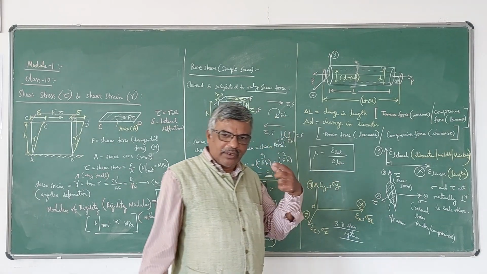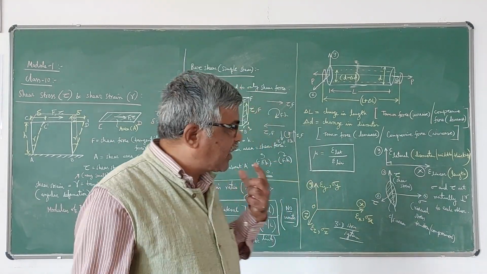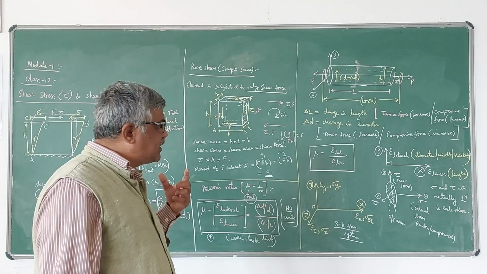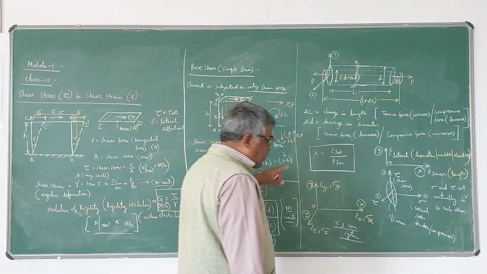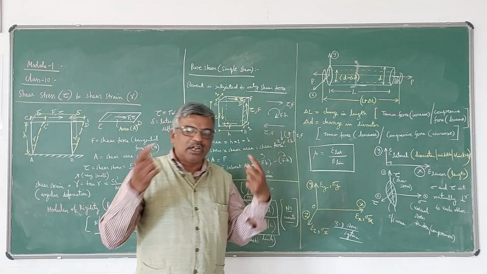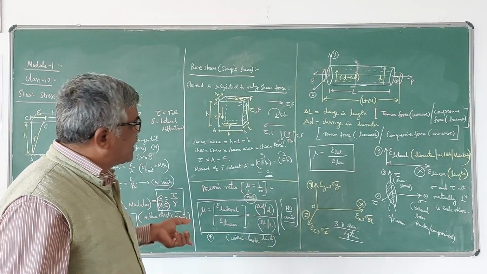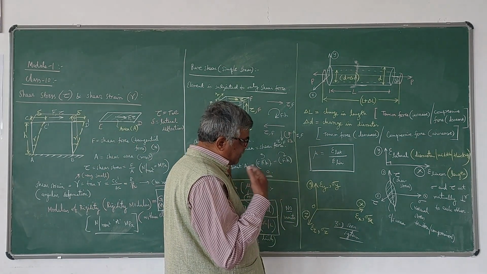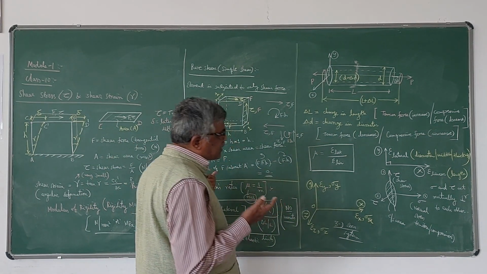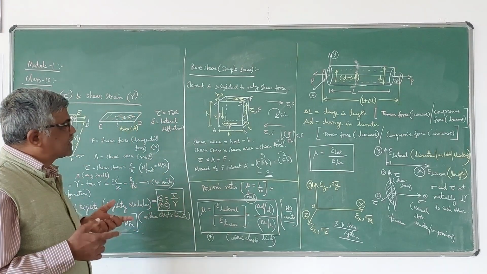If in addition to tension you want to calculate shear stress in one direction, then it is biaxial. In addition to tensile stress, if you want to calculate shear stress in the other two mutually perpendicular directions, then it is triaxial. So we have to distinguish between uniaxial, biaxial and triaxial stress systems.